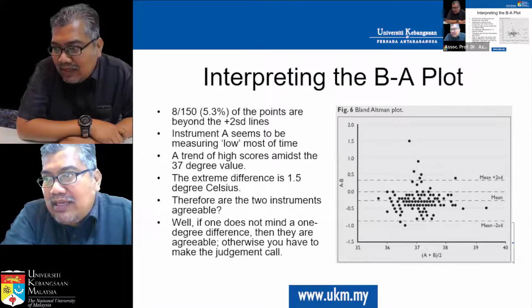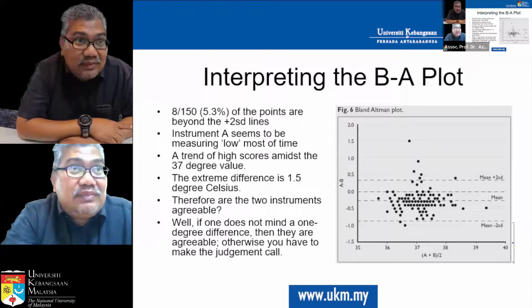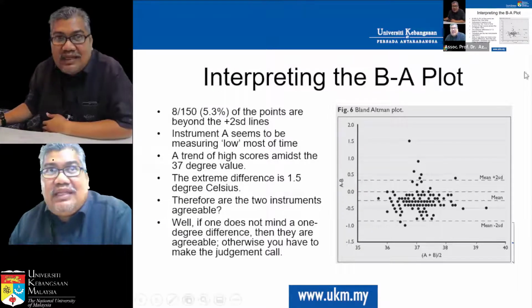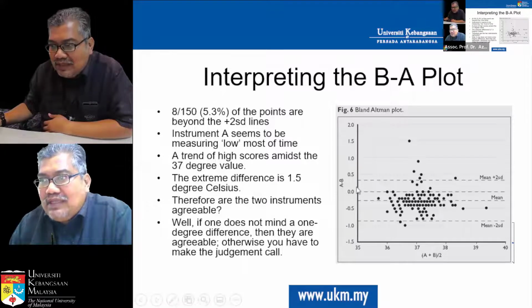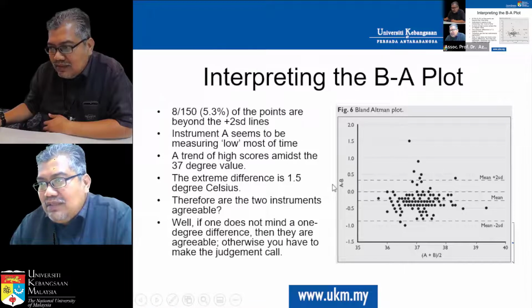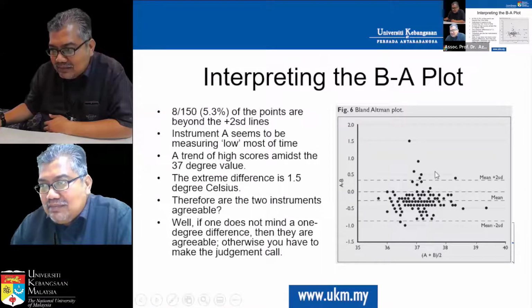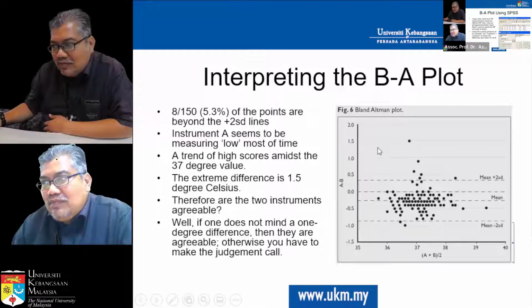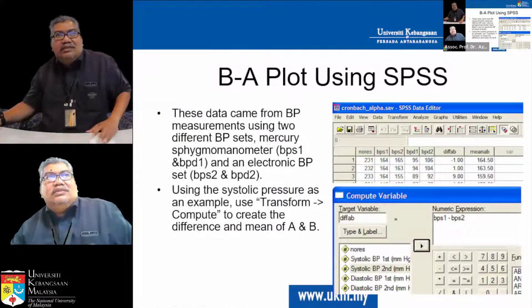Then you can calculate how many measures are out of the expected range, and come up with figures for how many percent are within 2 standard deviations and how many percent are not. The difference of temperature is up to 1.5 degrees Celsius. That's when you decide for your study whether your data is okay or not.